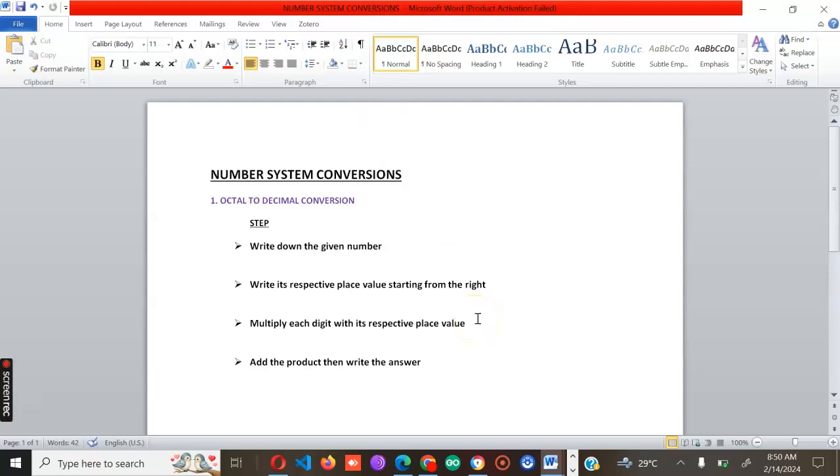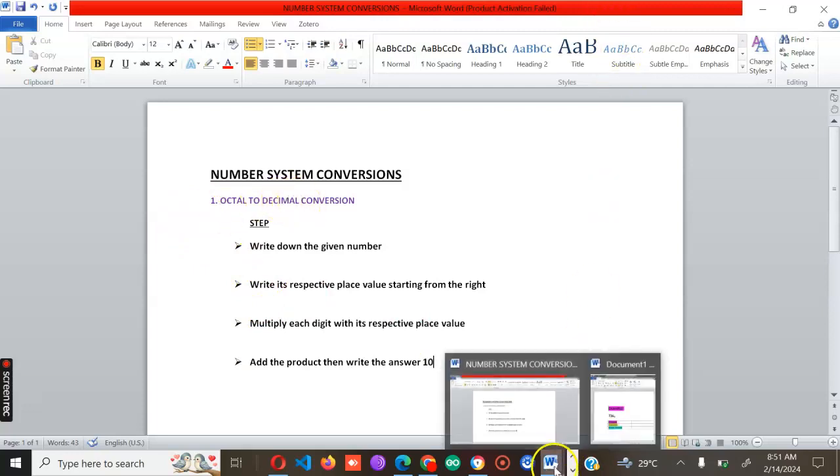Step 3, you multiply each digit with its respective place value. And the last step is to add the products, then you write the answer in base 10. Remember, this is supposed to be base 10 because we are trying to convert octal to decimal.